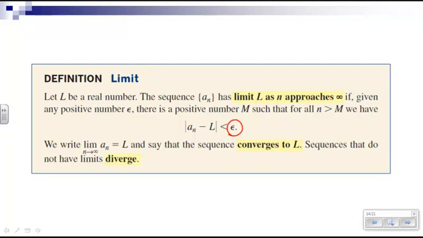And we say that if you truly think that a sequence gets close to L, that means if you give me an epsilon, I have to tell you how big of an N you have to go to get that within that boundary.